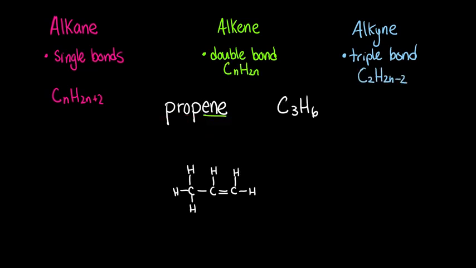Notice the difference in propane versus what I just drew, which is propene, that has a double bond and therefore loses 2 hydrogens. The suffix "-yne" means that there's a triple bond, and the formula is changed once again to C3H4. We double 3 to 6 minus 2, and we get 4, which is in accordance with the formula for propyne.